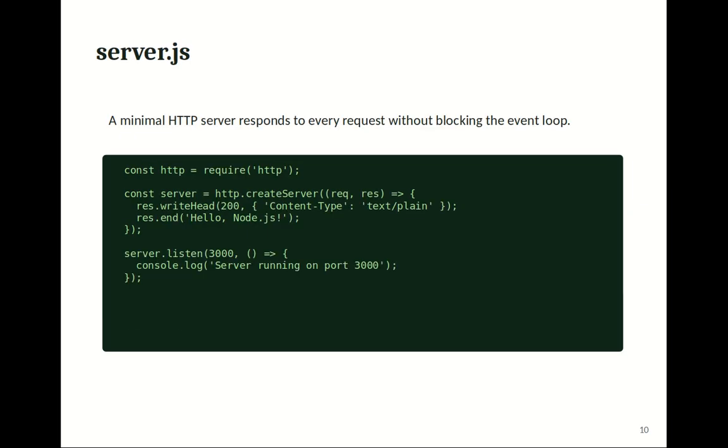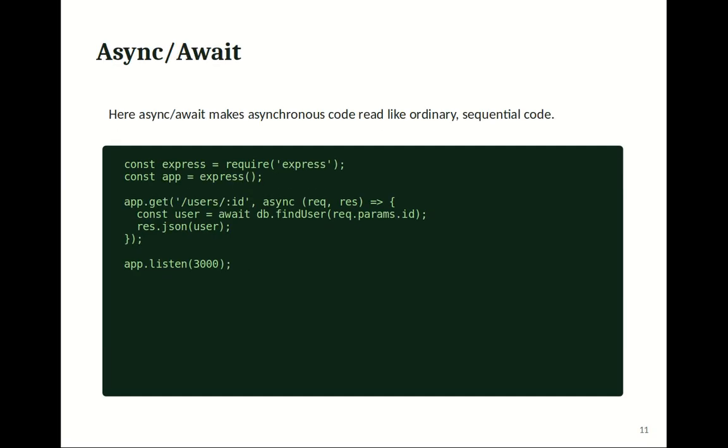Server.js, a minimal HTTP server, responds to every request without blocking the event loop. Async await. Here, async await makes asynchronous code read like ordinary sequential code.